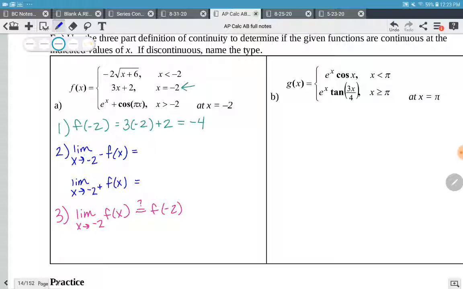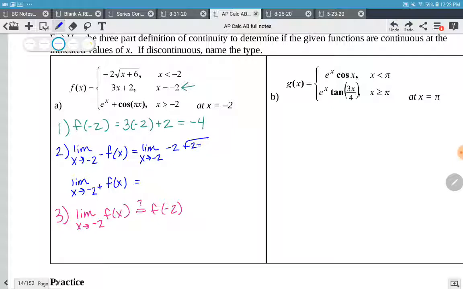Then I'm going to look at the limit on each side. As I approach -2 from the left, that means I'm looking at values that are smaller than -2, so I'm going to be following this rule, values that are less than -2. So I'm going to think of this equation. What I'm really looking at is the limit as x approaches -2 of -2 root x plus 6.